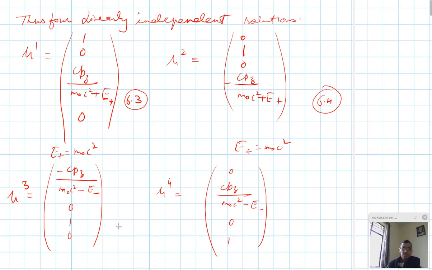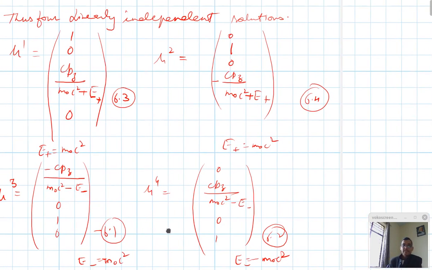This is from the 6.1 equation and this is from the 6.2 equation, and here we have chosen that E minus is equal to minus m naught c square, right? So for these we are getting this, and these are known as the independent solutions. Now let me go to the limiting case.